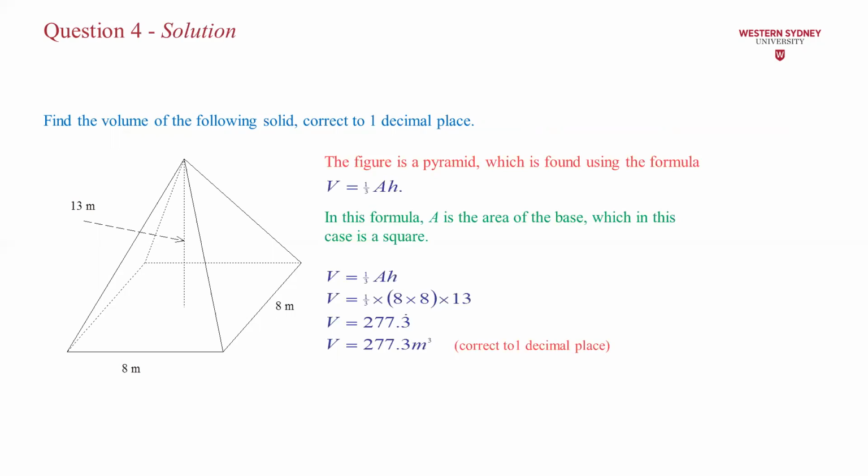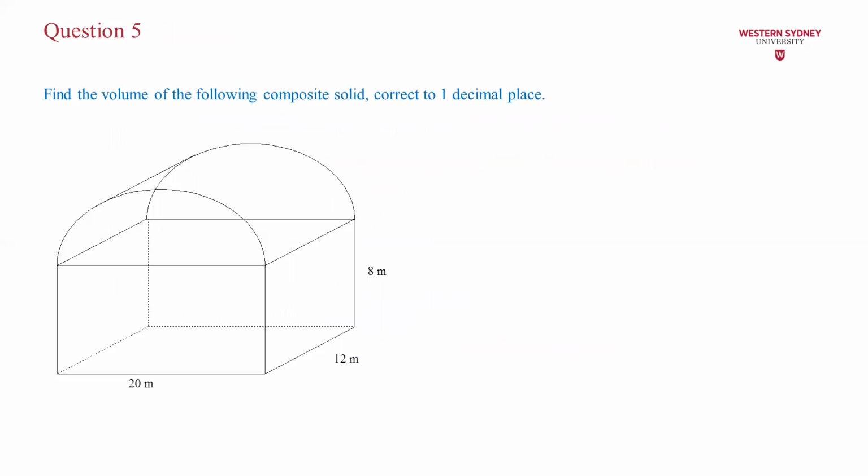The base is a square, 8 by 8, and the perpendicular height is 13. Remember, as it's a pyramid, you need to do 1/3 times the area of the base times the height. Question 5. Pause the video now.